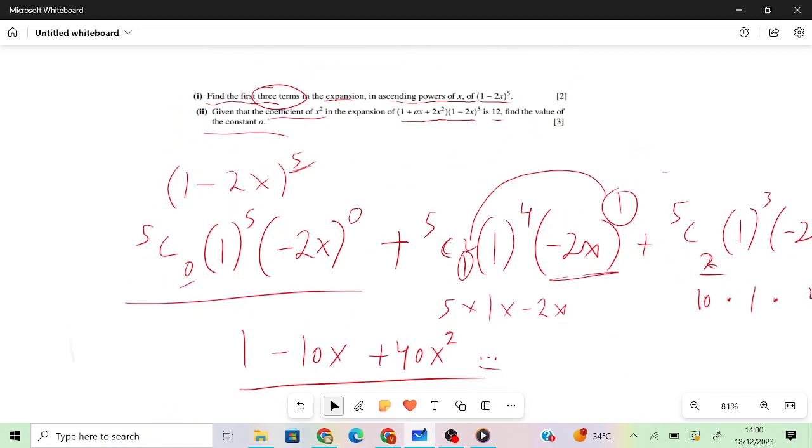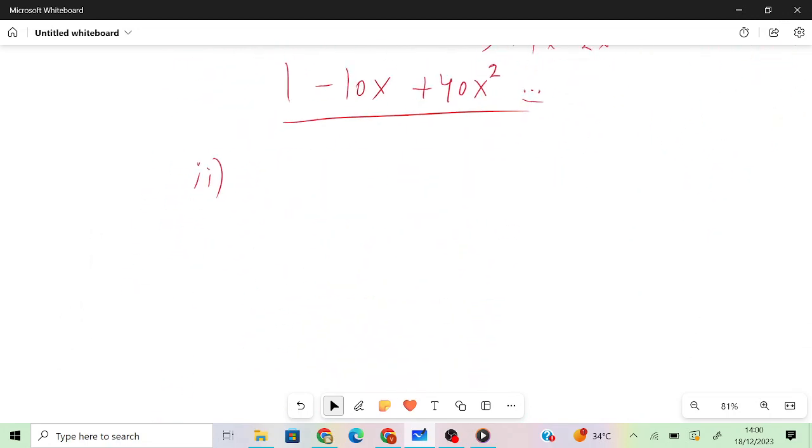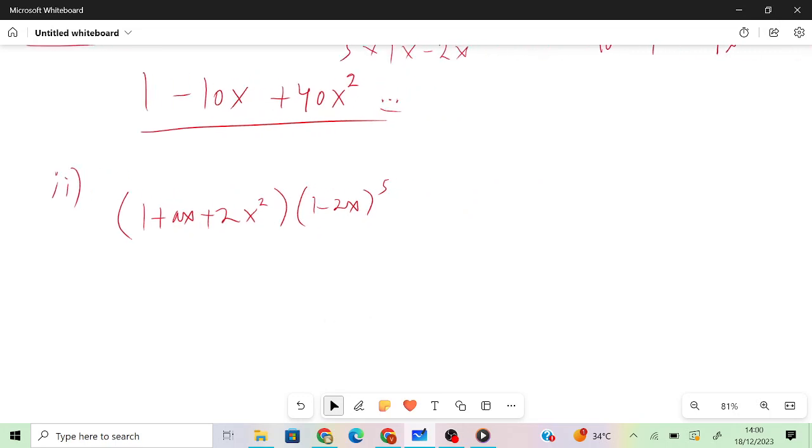So they're telling me that if I multiply 1 plus ax plus 2x squared with 1 minus 2x all raised to the power of 5, my coefficient of x squared is going to be 12.